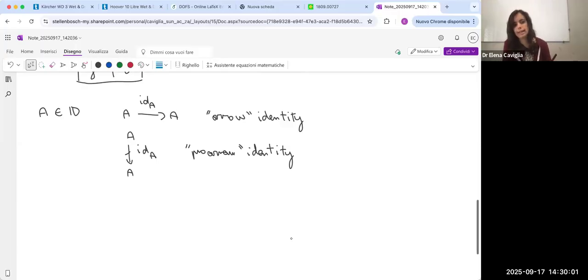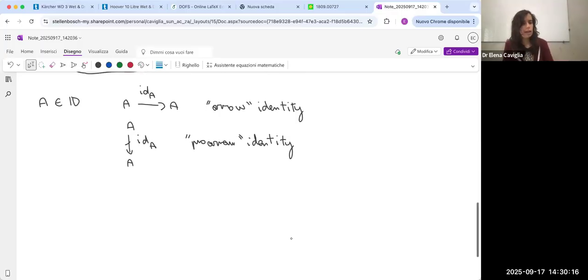So they can be either identity double cells of an arrow or of a pro arrow. So we have these two kinds of things.